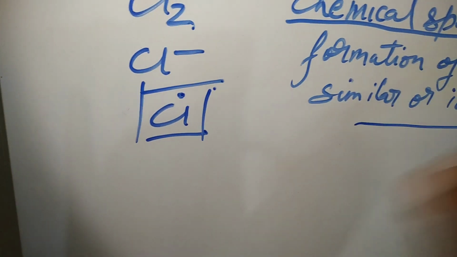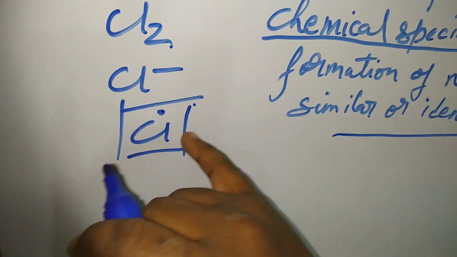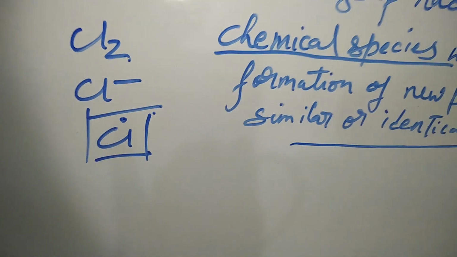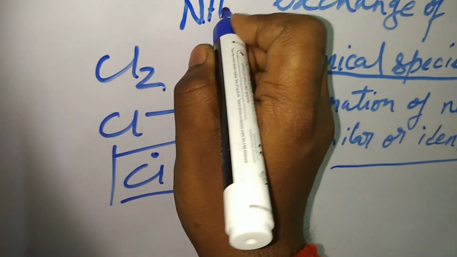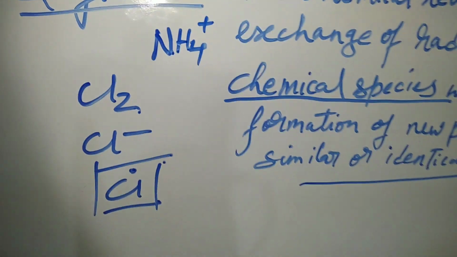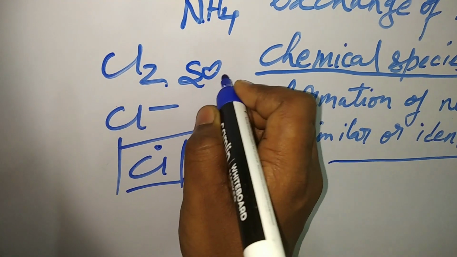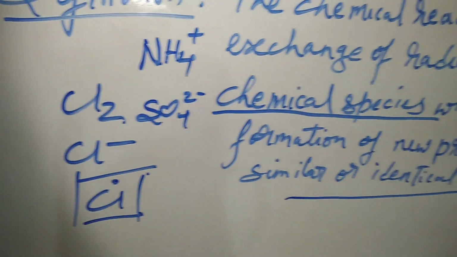That means in this chlorine an unpaired electron is present. Okay, these are the radicals, such as NH4 plus, SO4 2 minus.